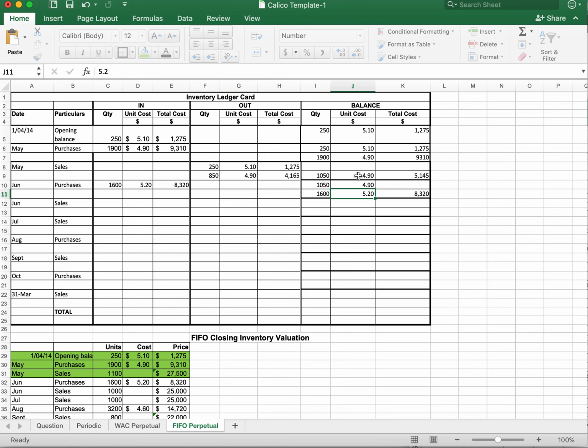So now what we have on hand is 2,650: 1,050 of them at 4.90, 1,600 at 5.20, and that's what that totals to. That's pretty straightforward.